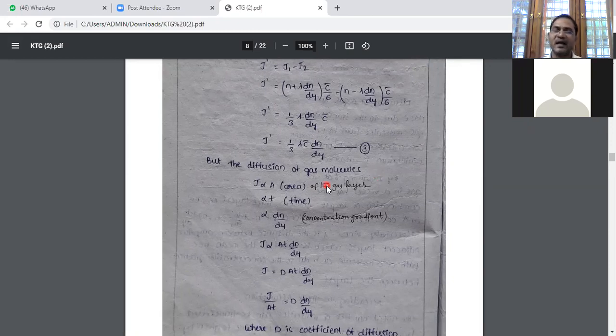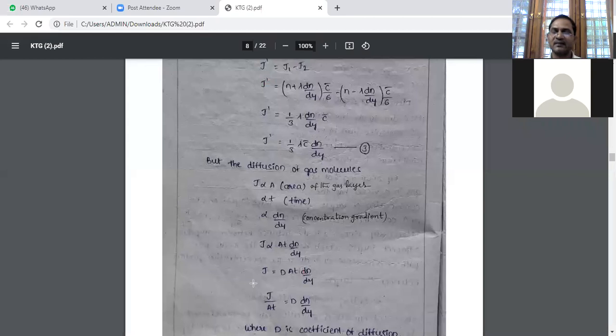So J is directly proportional to A, directly proportional to the time interval, directly proportional to dn by dy. By combining these three, J is proportional to A T dn by dy. Then J equals a constant D A T dn by dy. So, J by AT equals capital D dn by dy.